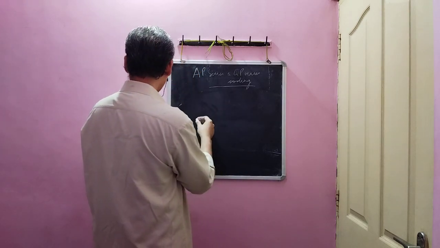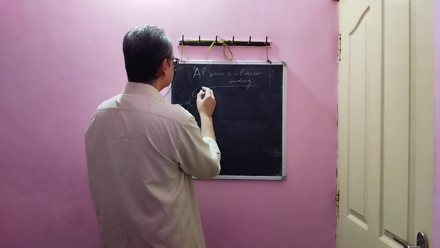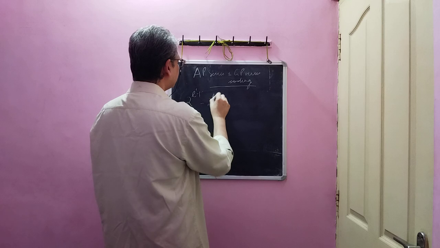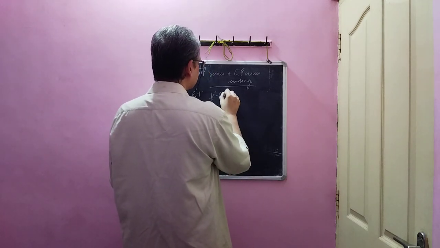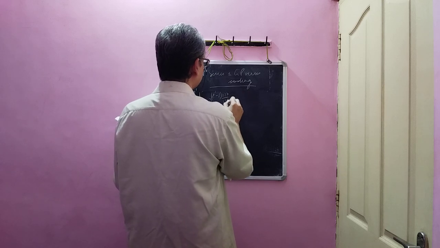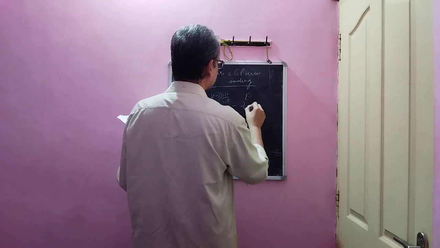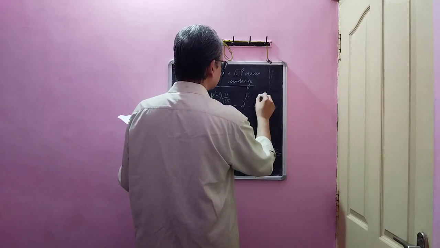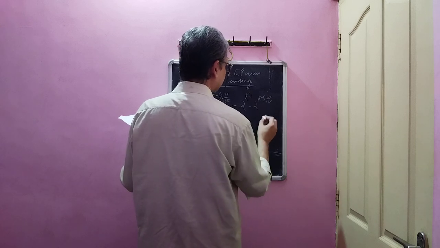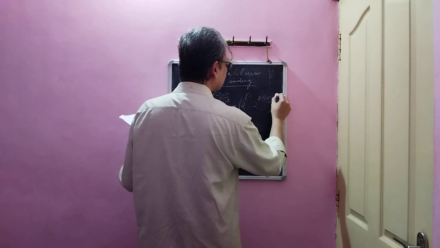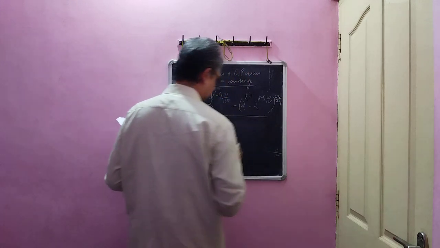So you will have 2 power L dash minus 1 minus 2 power L dash minus 1 times 127 by 128, minus 2 power L dash minus 1 minus 2 power L dash minus 1 times 127 by 128 times 63 by 64 whole divided by 4.